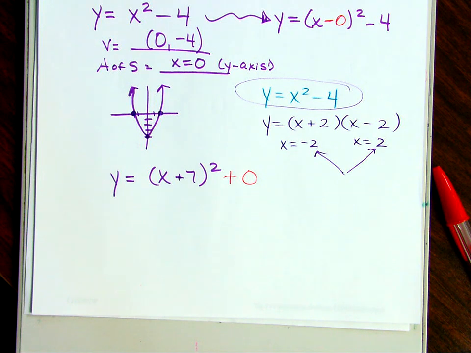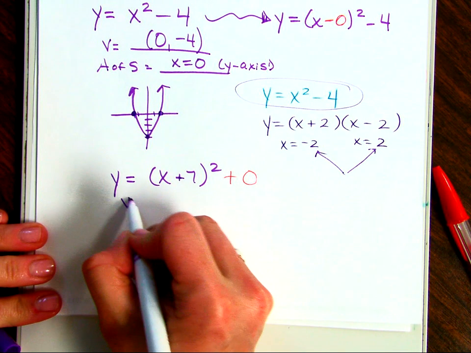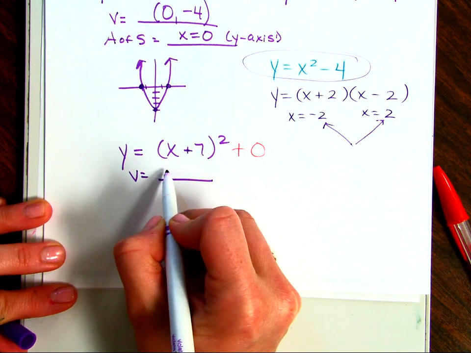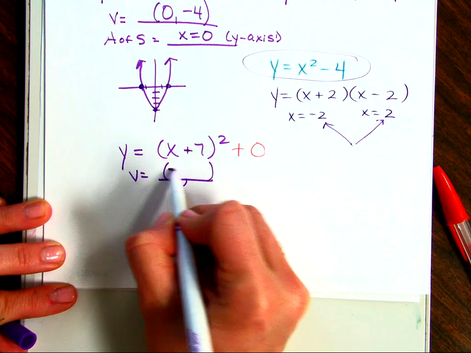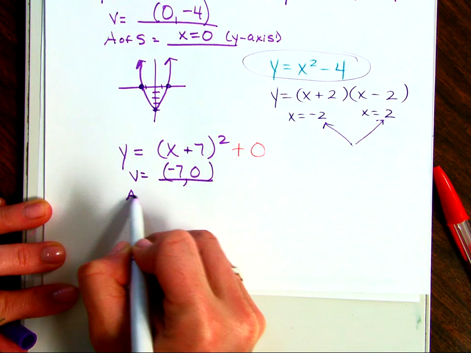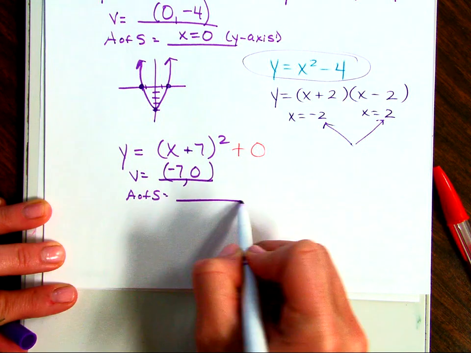So what's missing this time? The k, right? There's nothing after the k, which means if k stands for kite and kites go up and down and k is 0, then it's just staying where? On which axis? The x-axis. There is no vertical shifting here. So your vertex is what?